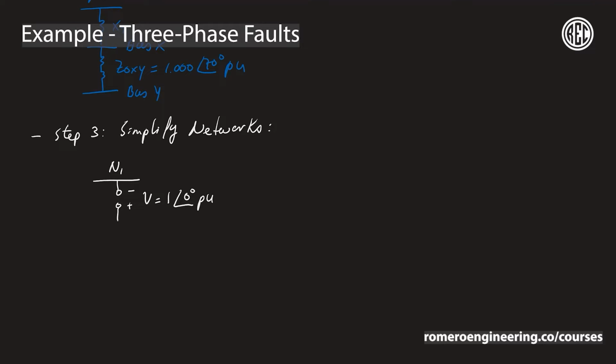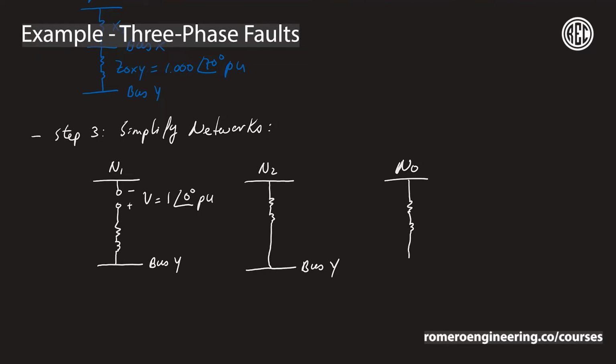And then we have here the positive sequence impedance, and this is the point of the fault, which in our case is bus Y. We have the same thing for the negative sequence network: N2 over here, the neutral, and then the negative sequence impedance, and the point of the fault, bus Y. Lastly, we have the same thing for the zero sequence network, with the zero sequence impedance, and the point of the fault is bus Y.